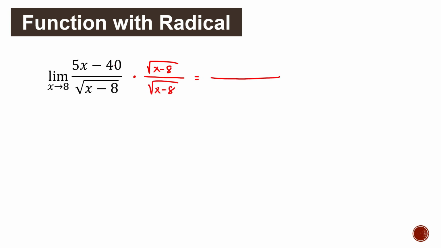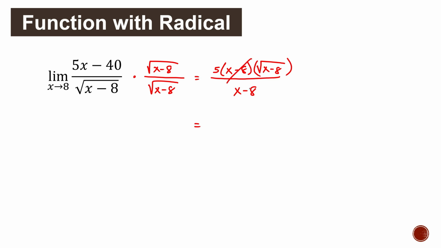At the same time, we will factorize that 5x minus 40. The common factor of 5 and 40 is 5. Then x minus 8 times the square root of x minus 8. In the denominator, if we multiply the square root of x minus 8 times the square root of x minus 8, that'll just be x minus 8.